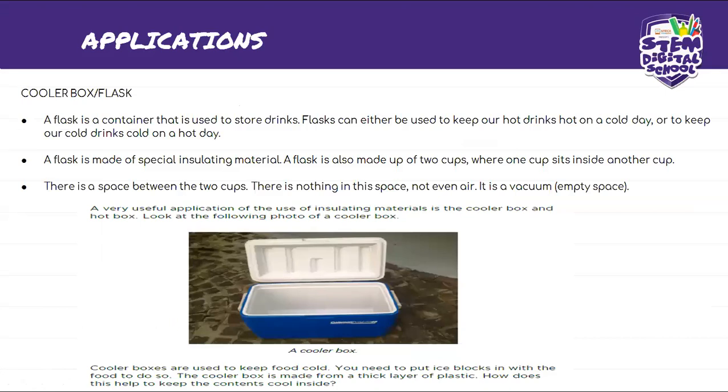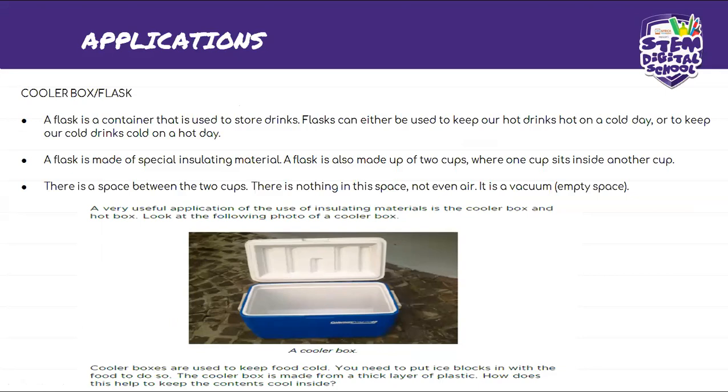So as I was saying, we have flasks or cooler boxes that are designed in such a way that they will keep hot things hot and cold things cold. But more importantly, when the weather is hot, we need to drink or take precautionary measures to cool the temperature for us.